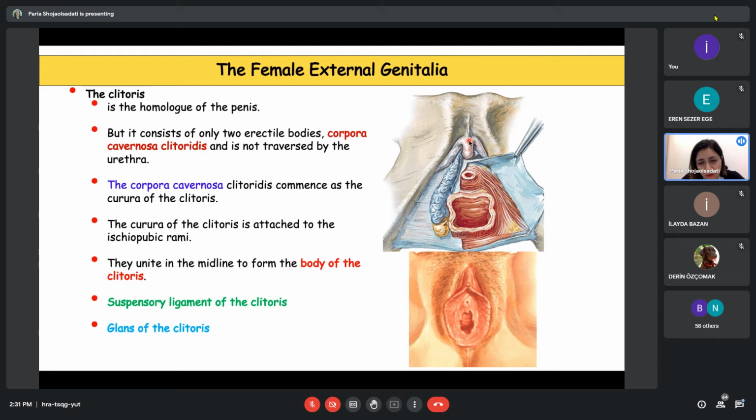The body of the clitoris is suspended to the inferior side of the symphysis pubis by a specific ligament named the suspensory ligament of the clitoris.